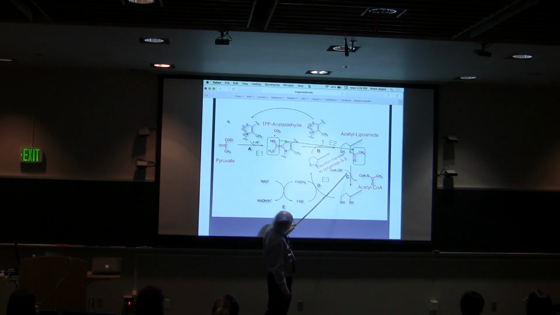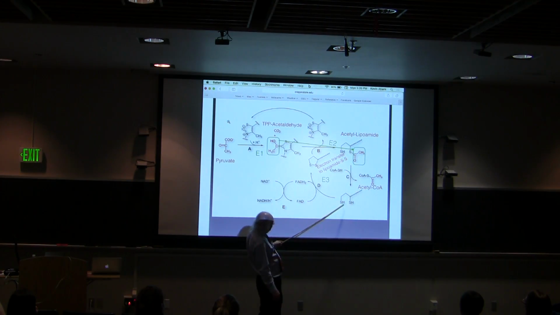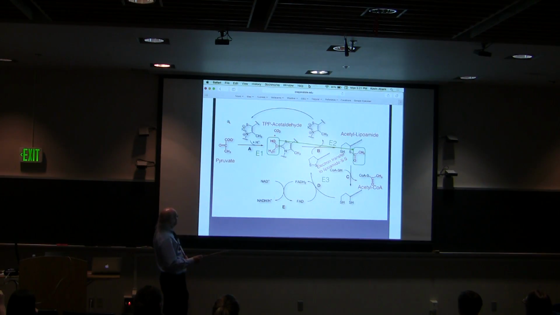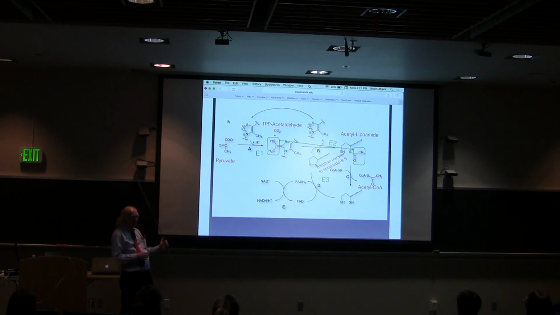You can see the CoA coming in here, and you see what's left behind, which is two sulfhydryls. Those pass electrons off to FAD. FAD passes electrons off to NAD to make this. But I don't care that you know the details of the mechanism. If you knew the figure prior to this one and you understood that, I think you're perfectly fine. Okay.